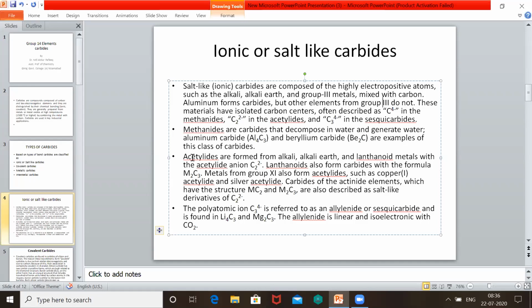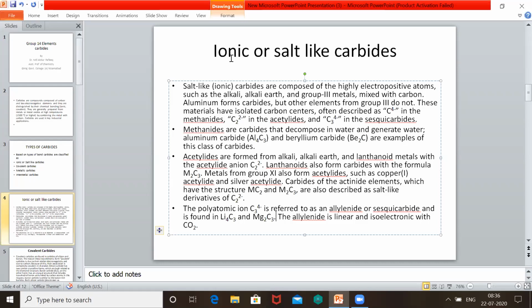Similarly, if you are aware, ethylene is the gas which helps fruits to ripen. Hence, carbides are also used for ripening of fruits. In that also, we use magnesium carbide. When magnesium carbide is dissolved in water, we get ethylene gas. So this is about salt-like or ionic carbides.